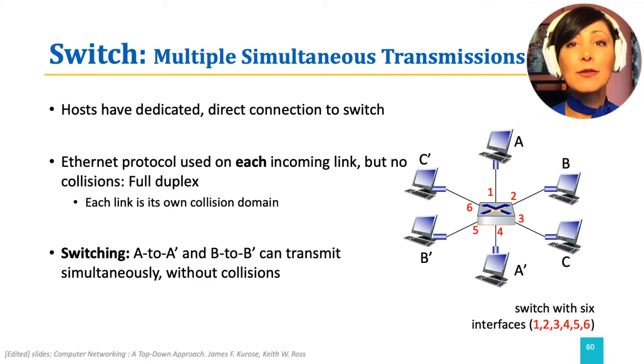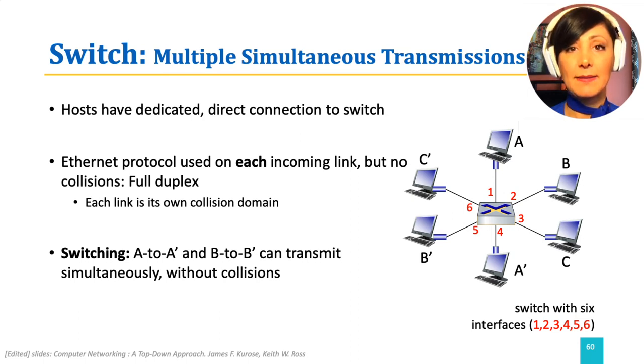The packets sent from the hosts are buffered at the switch and forwarded on the appropriate switch port based on destination. For example, in the figure, we have 6 hosts connected to 6 ports of one switch, which is connecting these hosts in a LAN.